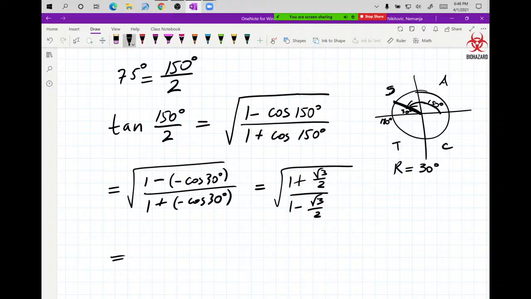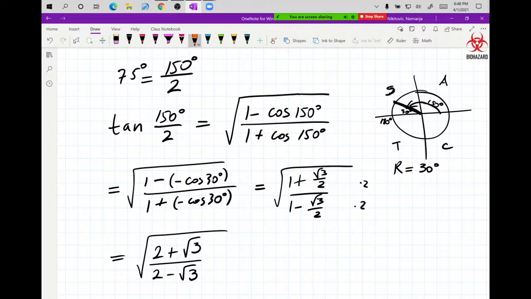And now when we multiply both of these by 2 to get rid of the double fraction, you will have 2 plus root 3 divided by 2 minus root 3. Now, you can rationalize and keep working with algebra.